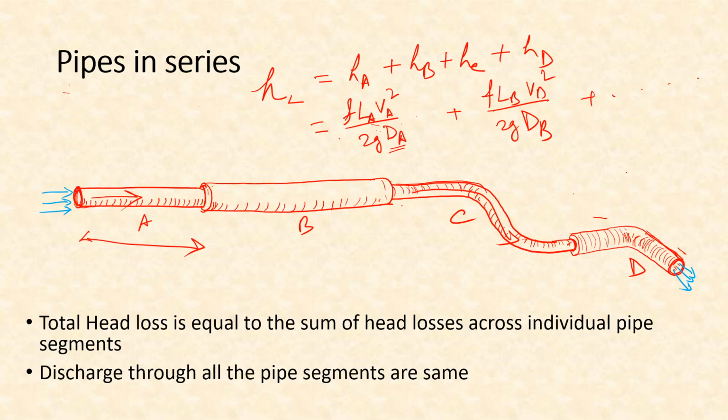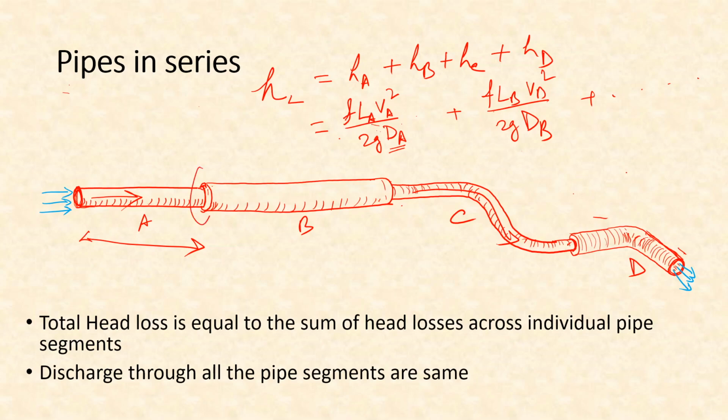Now if you want, you can also add the minor losses, but for this example, because it becomes too lengthy, we will simply ignore them. But if you want, you can add them in between.